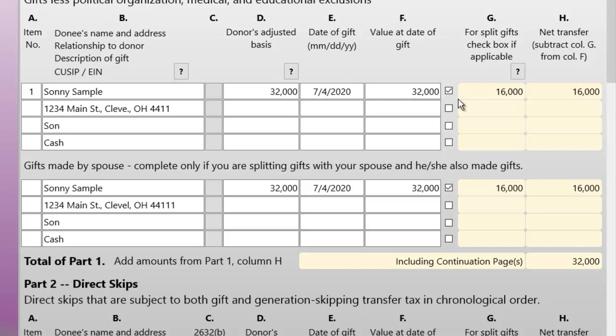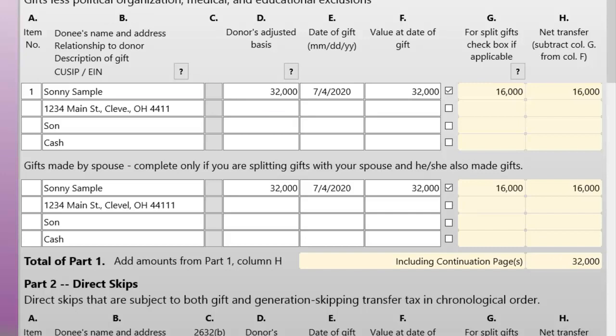And so both halves are subject to being split. That ends up being $32,000 on Louis's return. Hope I explained that good enough.